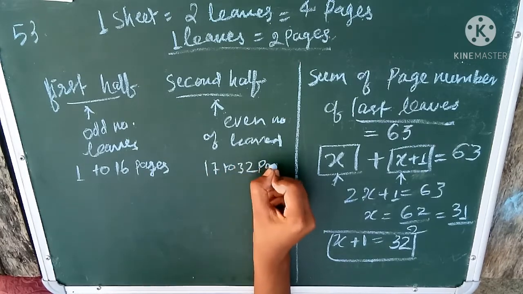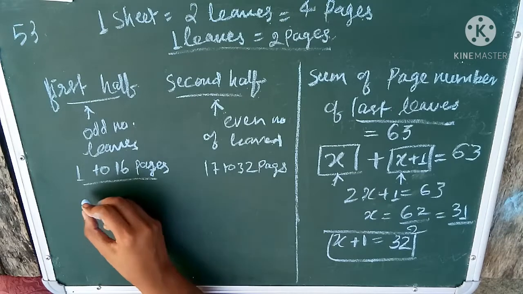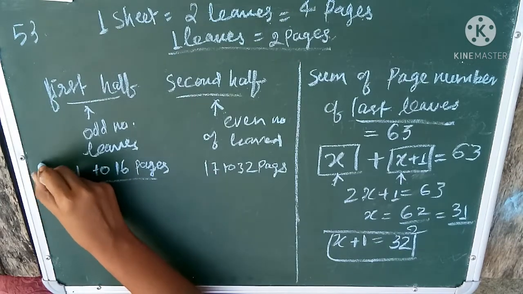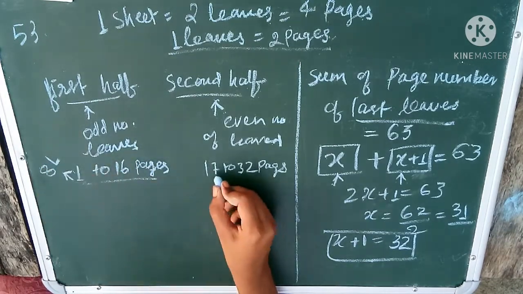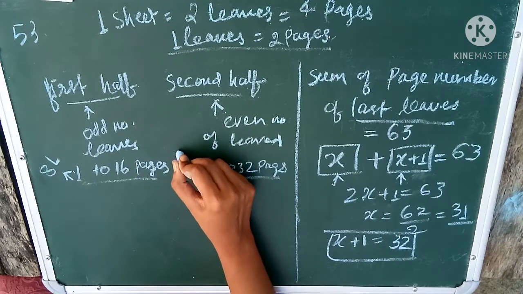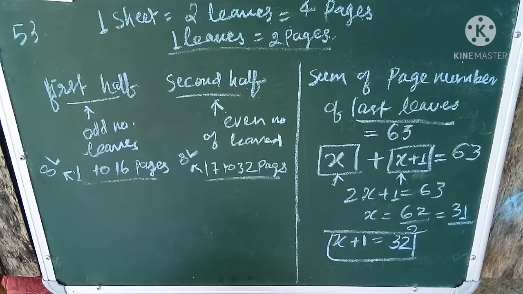In terms of leaves, we have 8 leaves here, and here also we have 8 leaves. In the question we have to find the maximum possible sum of the page numbers of leaves that were left in the book.